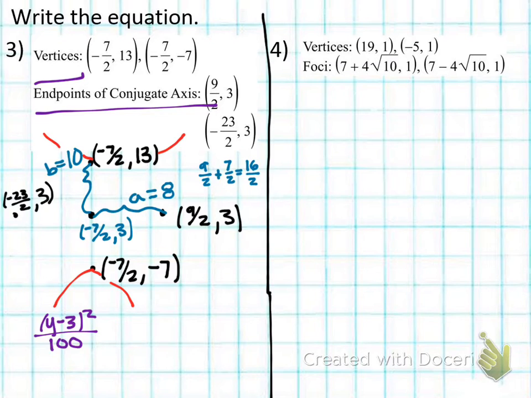B is 10, so b squared is 100. And then the x goes next, and -7/2, x minus a negative is going to turn into x plus 7/2 squared over 64, because we got 8 here for A, and that'll equal 1.